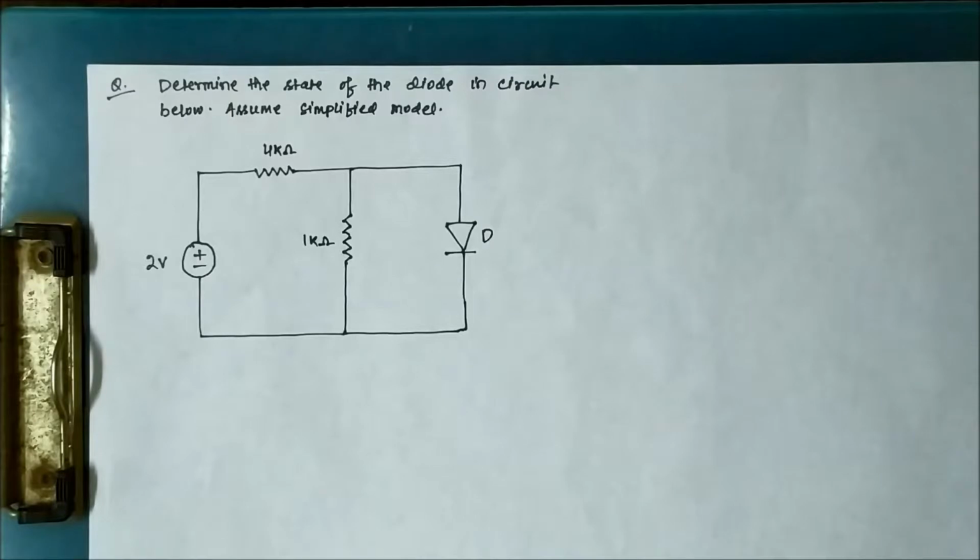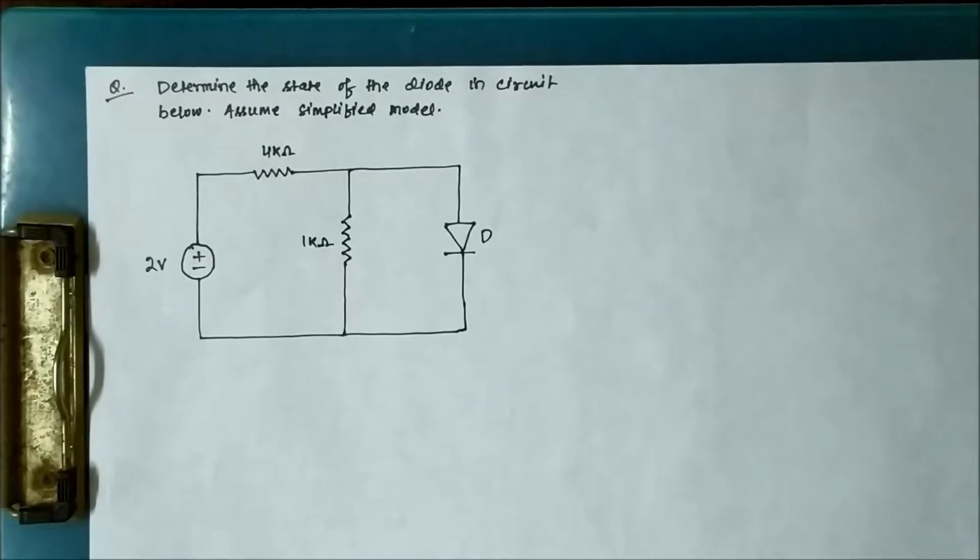Now whenever you come across a PN junction diode connected in a circuit and you have to determine its state, I have already told you that rarely you will find a straightforward circuit where you can just say by looking at it whether it is forward biased or reverse biased. So in those types of questions you have to take the help of assumptions. There are two approaches to this. We will discuss both of them separately.